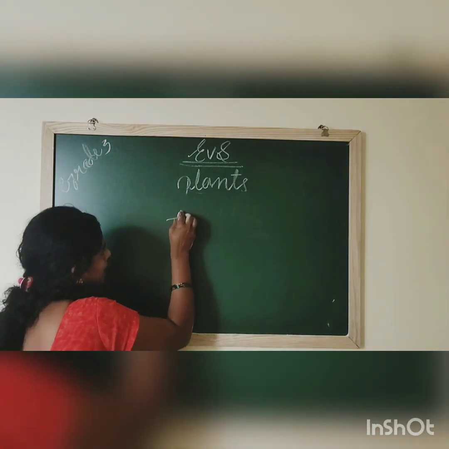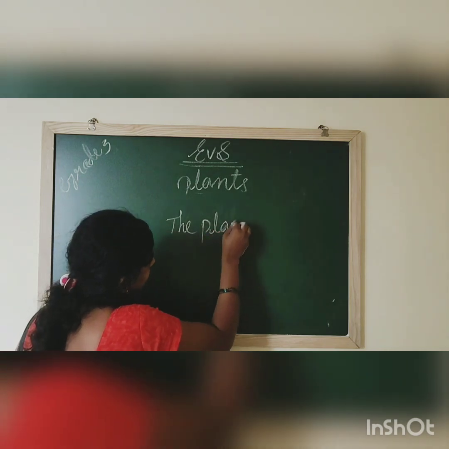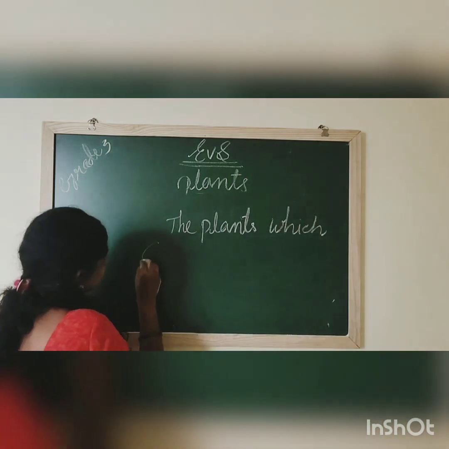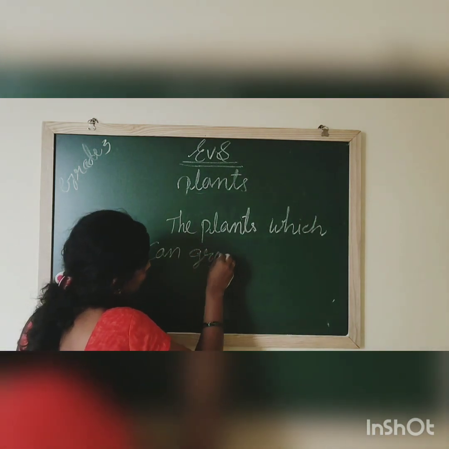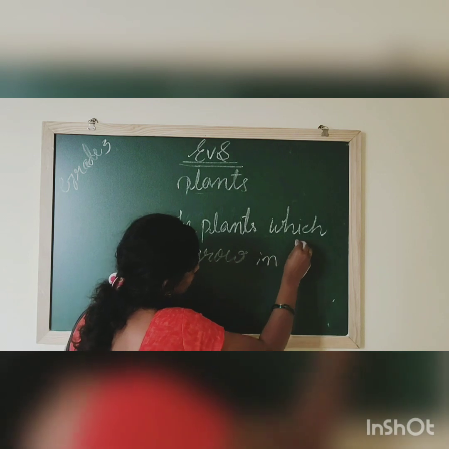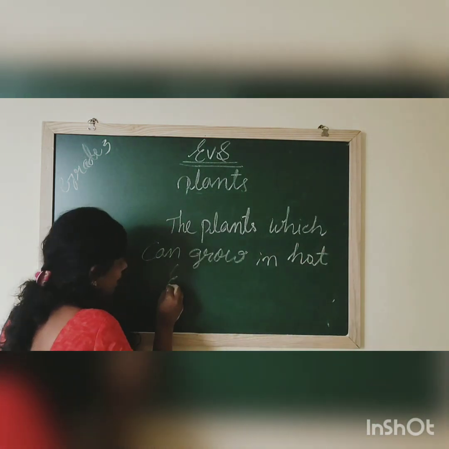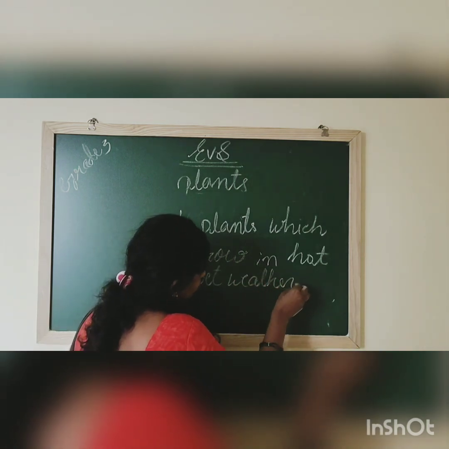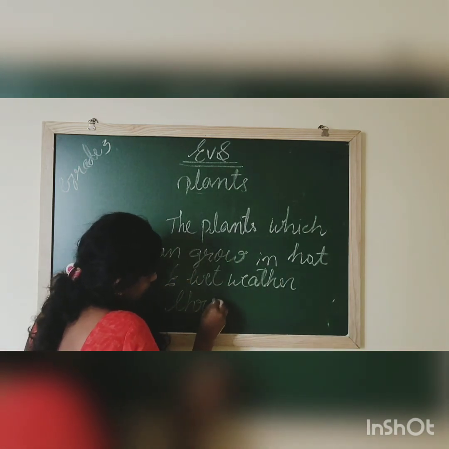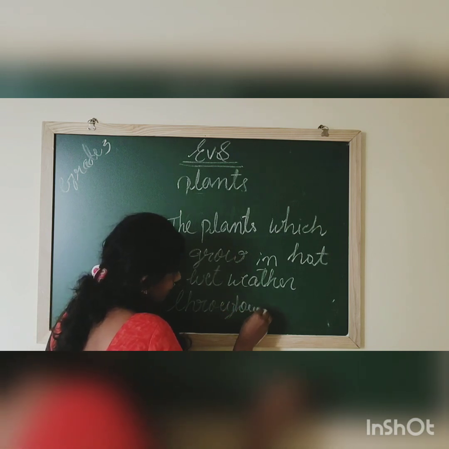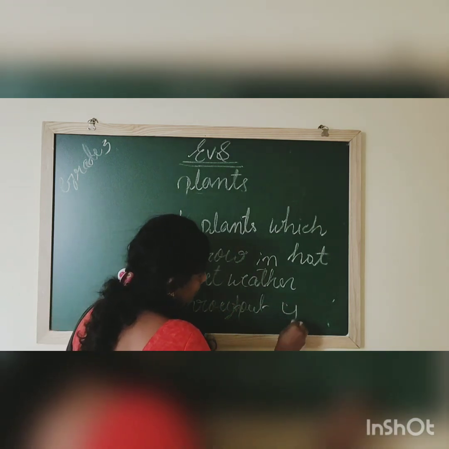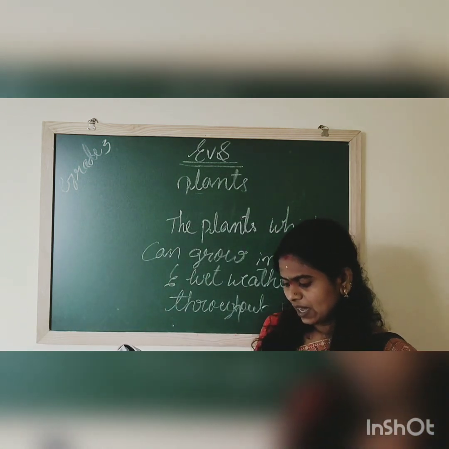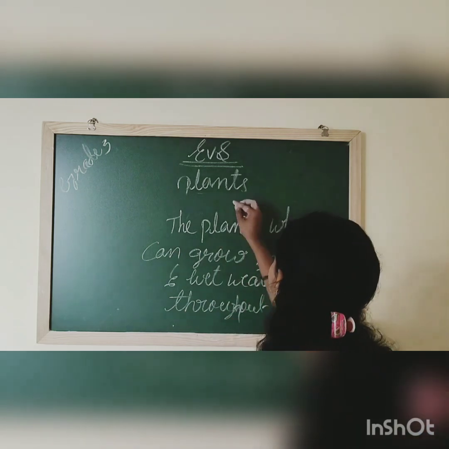So the plants which can grow in hot and wet weather throughout the year, for example, teak and mahogany.